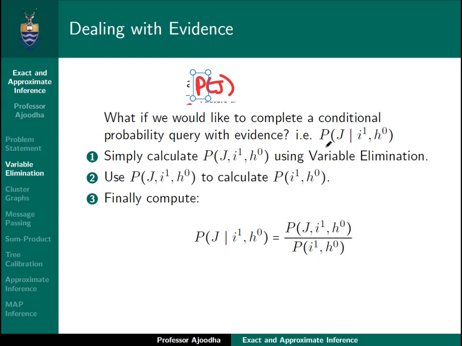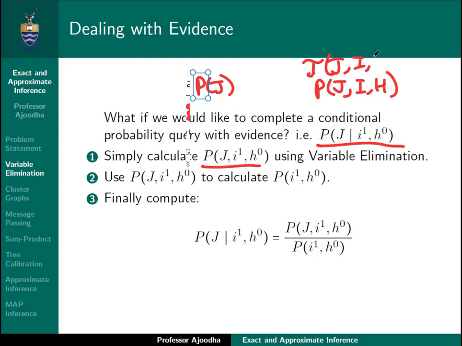So if we're calculating the probability of something given some evidence, here's the probability of J given high intelligence and low happiness, then we just calculate this joint distribution using variable elimination. So that's the probability of J, I, and H, for those three variables. And then we use this tau that comes out. So the tau will be J, I, H. We'll have a table called tau like that at the end of our variable elimination algorithm.